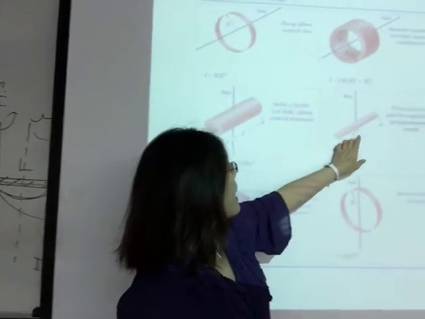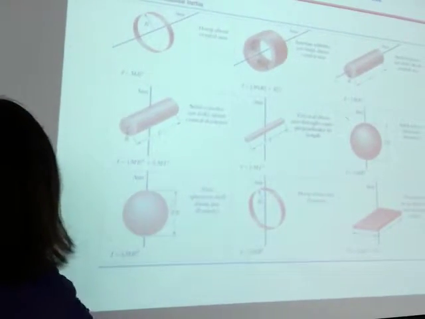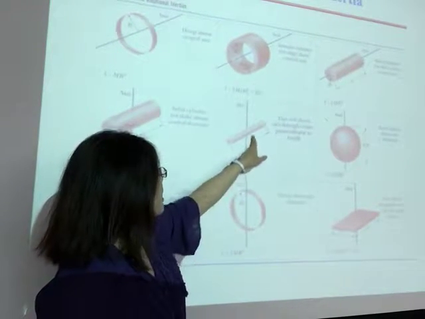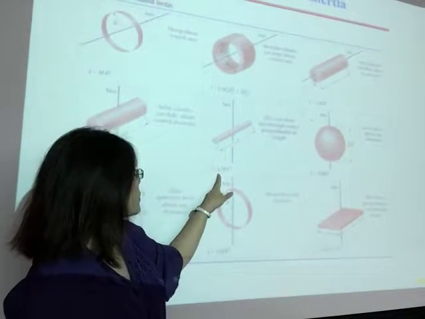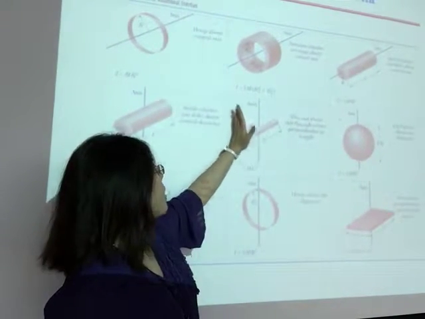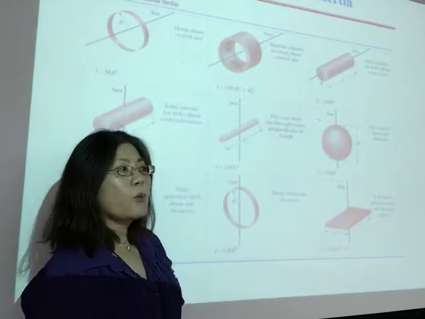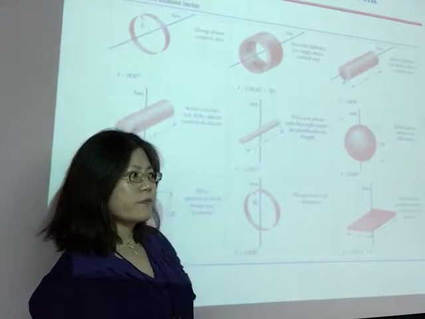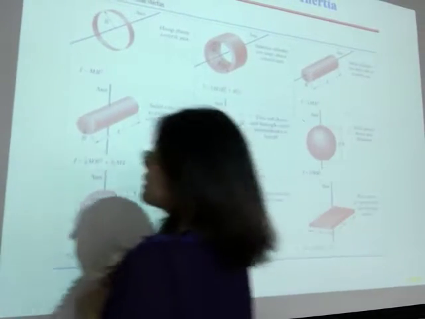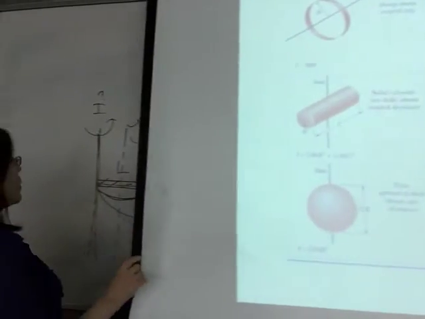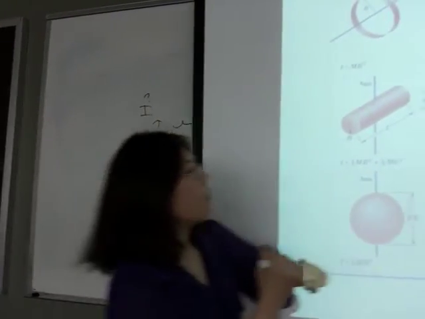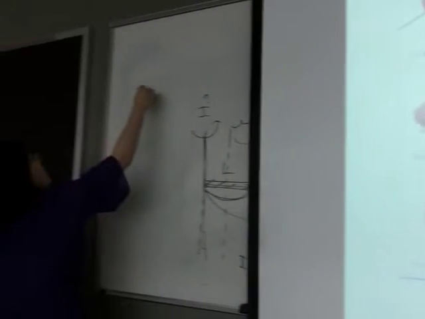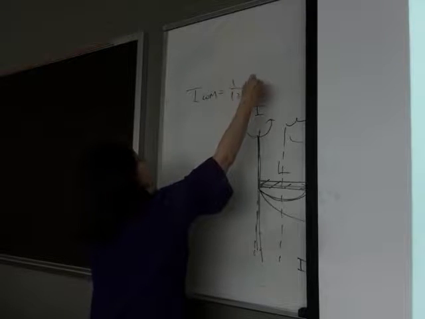Now the thin rod, the example that I gave you. If you are rotating through the central mass, then that's 1/12 ml squared. So if you want to calculate what would be the new rotational inertia if it's rotating through the ends, we can quickly do the calculation based on this. You have your I COM, that's 1/12 ml squared, right?